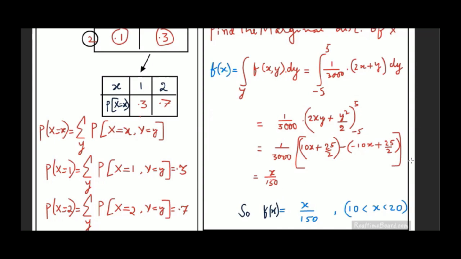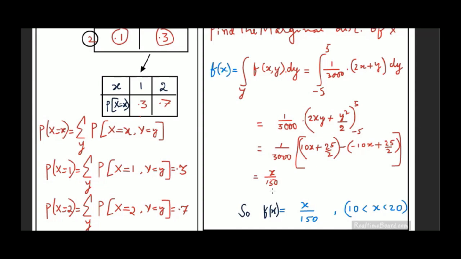Now you can find the marginal distribution of y, keeping x constant, right? So how can you check whether x and y are independent or not? The joint distribution must be equal to the product of the marginals, the condition we discussed last time: fxy must be equal to fx multiplied by fy. So for that you need to find fy.